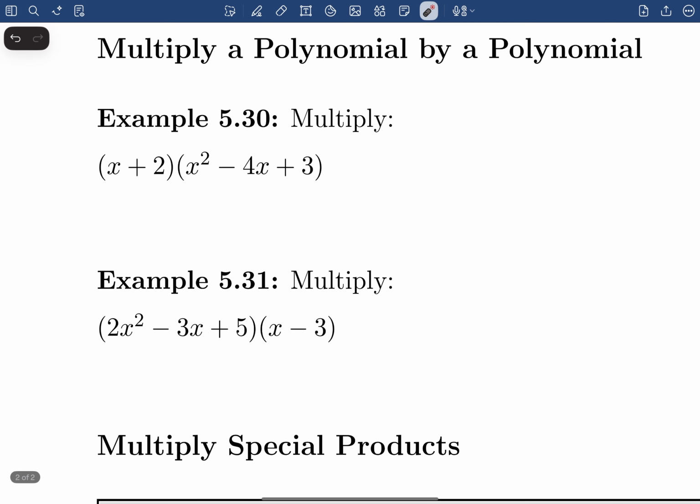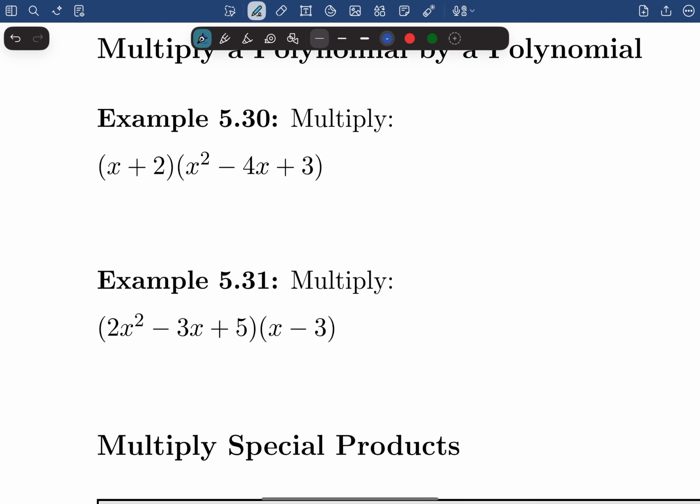Now, when you multiply polynomials together, really the only thing that we're trying to do is take every term of the first polynomial and multiply it with every term of the second polynomial, right? So just make sure that you hit every single one of them, okay? So here I'm demonstrating visually what I'm about to do.